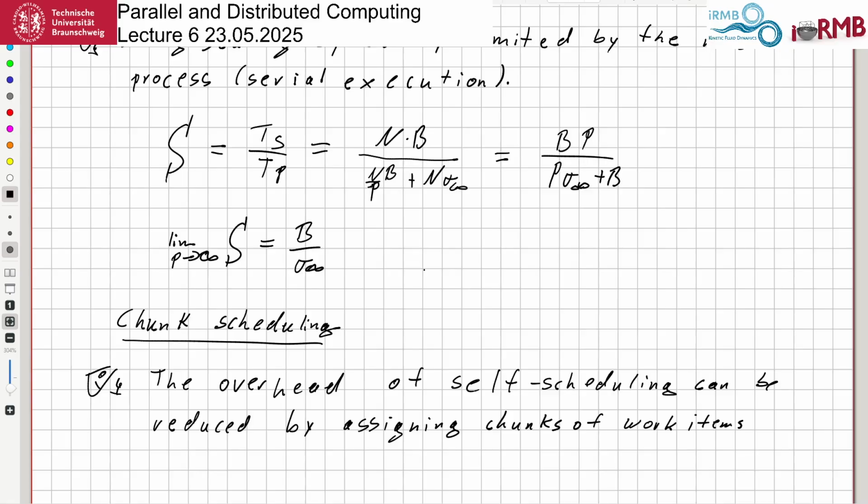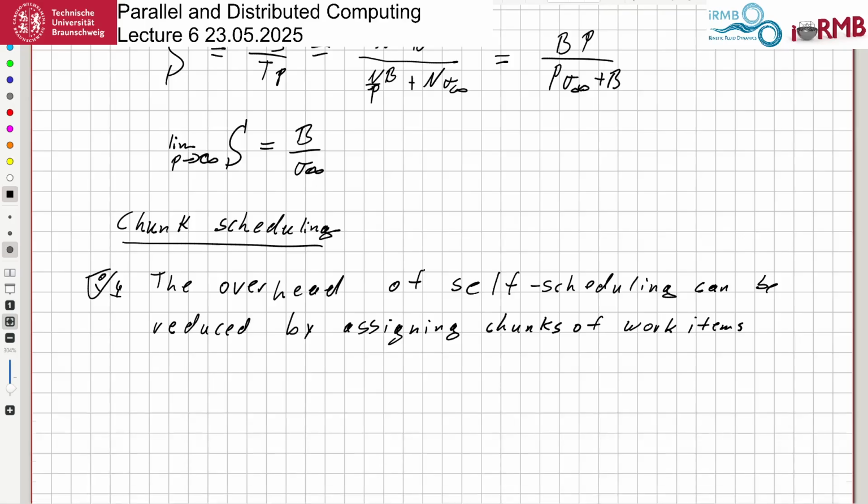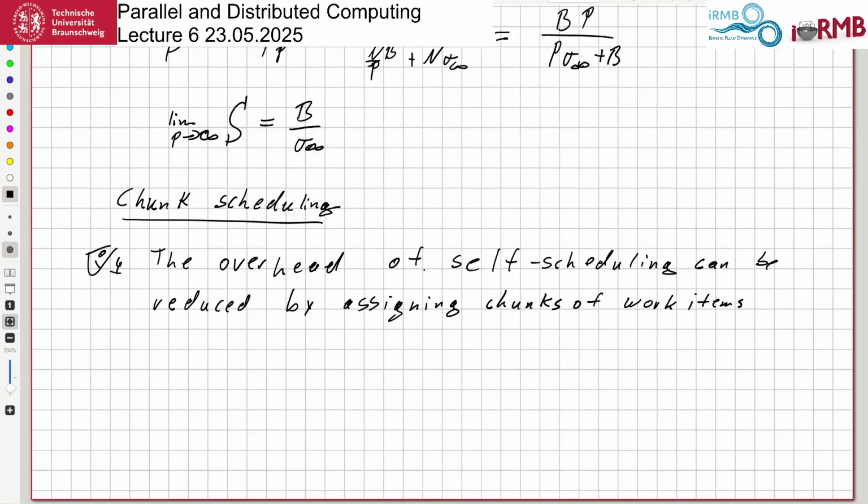What you have to start up with is you have to determine a chunk size. So chunk size K, this is how many work items you put together in one chunk.